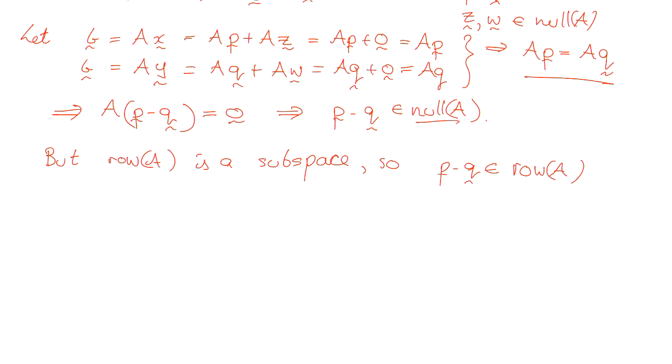So it lives here and it lives here. So p minus q lives in the intersection of the null space and the row space, because it lives in both of those spaces. But the row space is the perp of the null space.